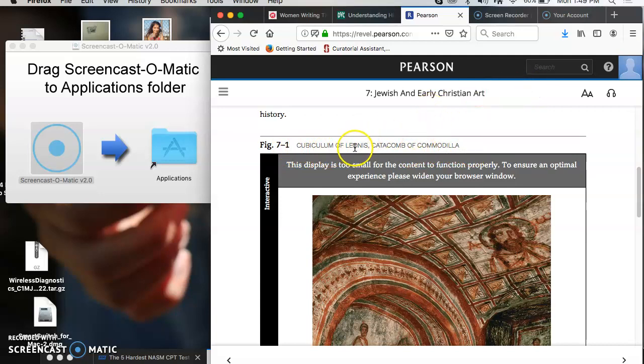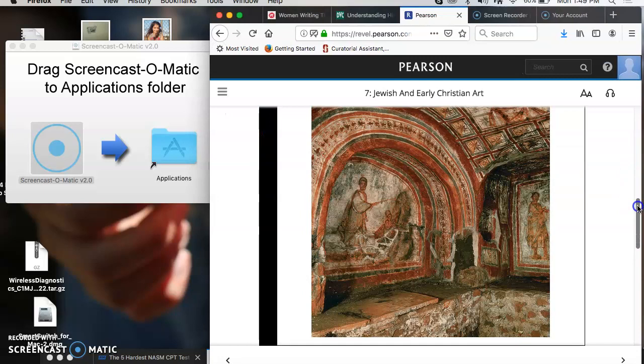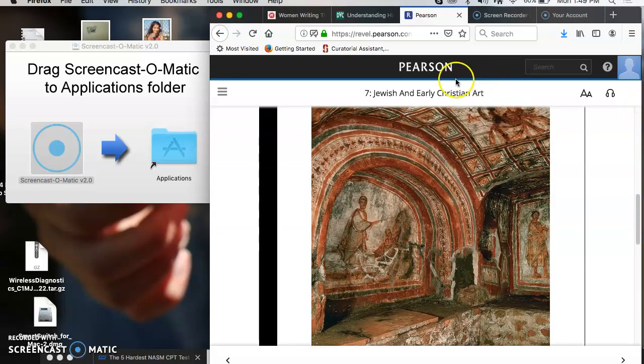And you have the room of this person, Leonis, in a catacomb, an underground burial chamber that's been painted with fresco, which is a wall painting. Fresco is from the Italian word for open air, for fresh air. It's when the paint is applied directly to the plaster.